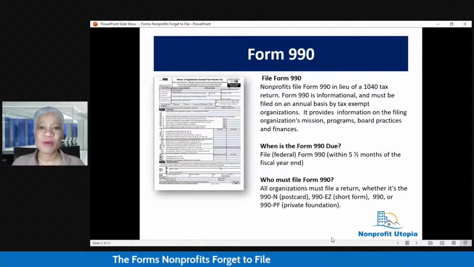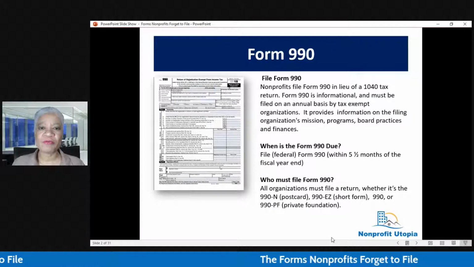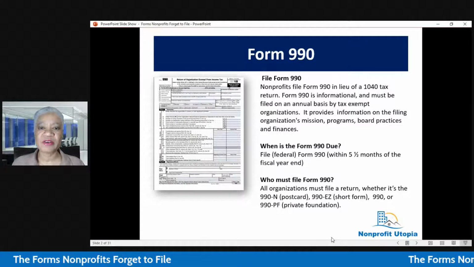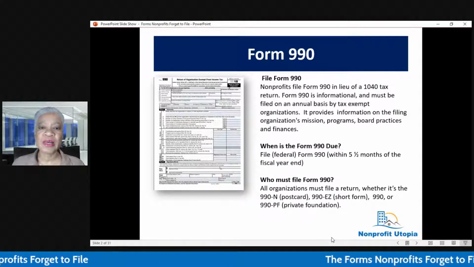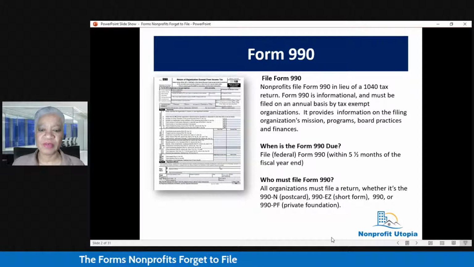Form 990 is due 5.5 months after your fiscal year end. So if your fiscal year end is in December, that means May 15th. If your fiscal year end is in June, then your form is due November 15th.